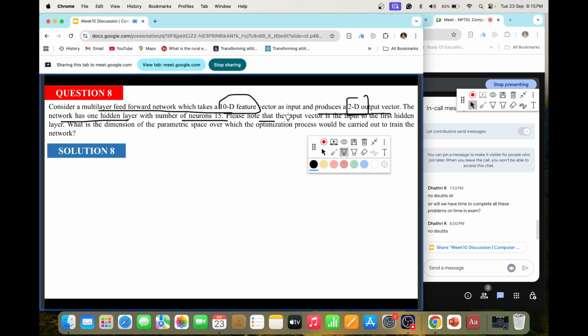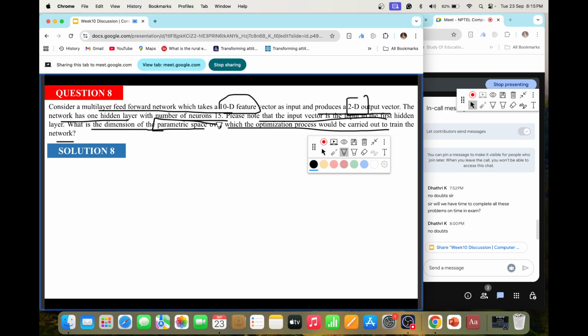Please note that the input vector is the input to the first hidden layer. All the neurons are connected, that is what has been told. What is the dimension of the parametric space over which the optimization process would be carried out to train the network? That means here the number of parameters has been asked.